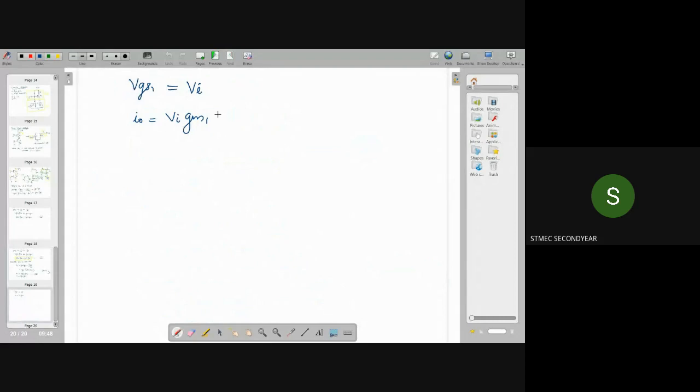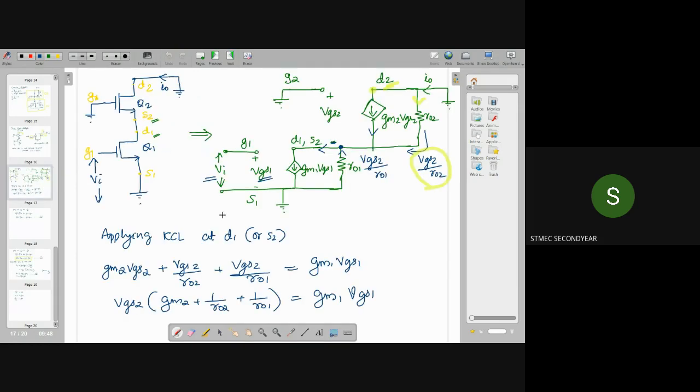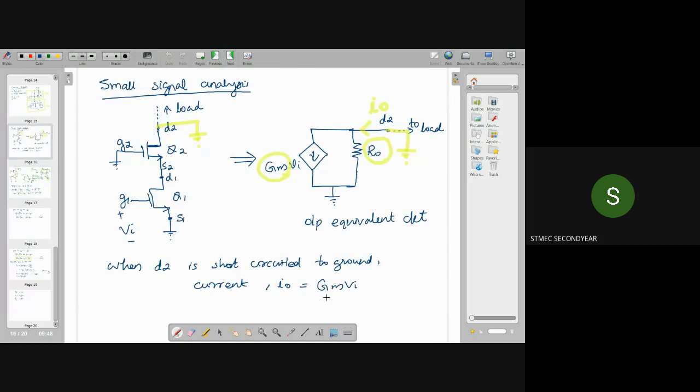So I0 is equal to Vi into GM1, or I can write I0 divided by Vi is equal to GM1. Actually, we have the equation I0 is equal to GM into Vi, where capital GM is for the equivalent circuit, and we have to find this GM. This is equal to I0 divided by Vi.